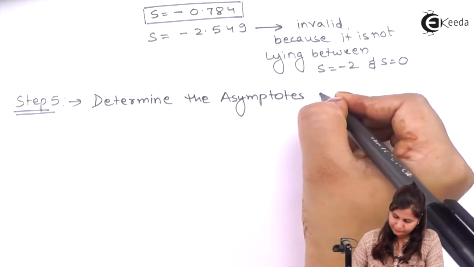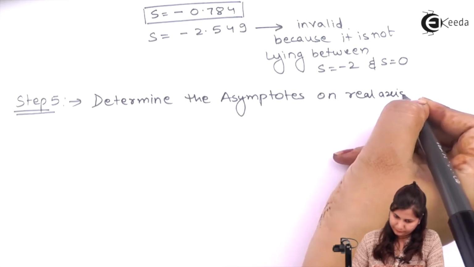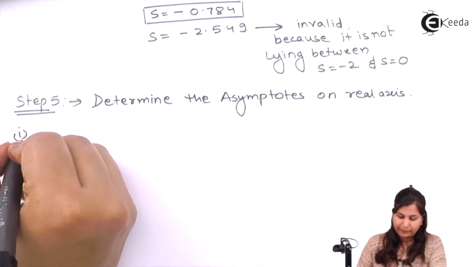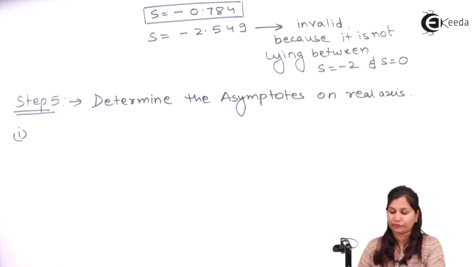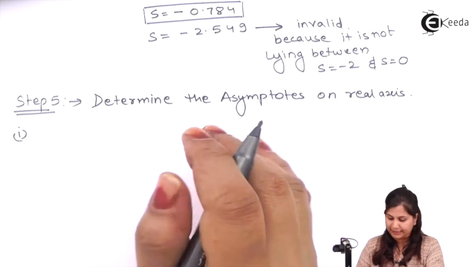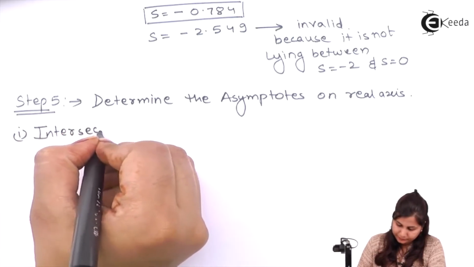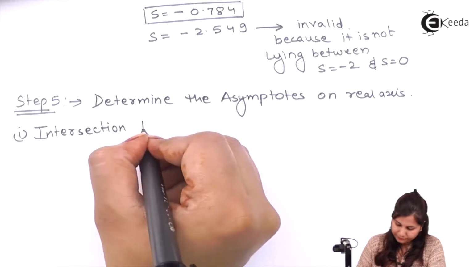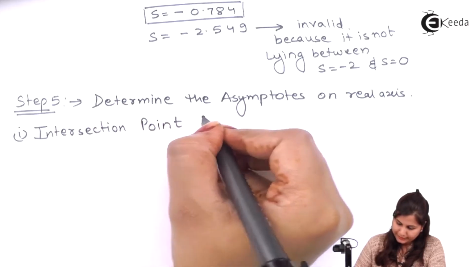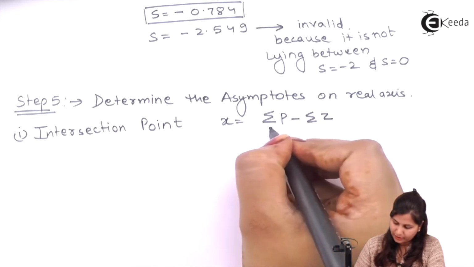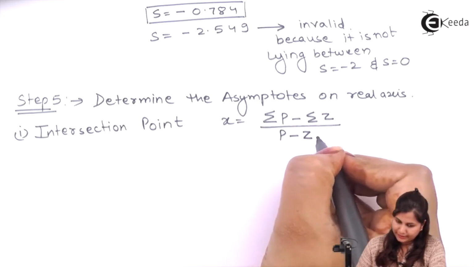Okay. So for asymptotes, we have to first determine the intersection point of the asymptotes with the real axis. Its formula is x equals summation of p minus summation of z upon p minus z.